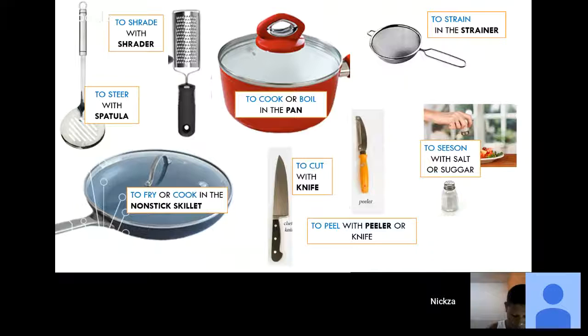I put it on a high fire so it will boil, and I just wait. And then while the water is boiling, I used to take some veggies, especially tomatoes and also some green onions, in order to cut them. I cut them with the knife, and I used to peel the tomatoes with a peeler.